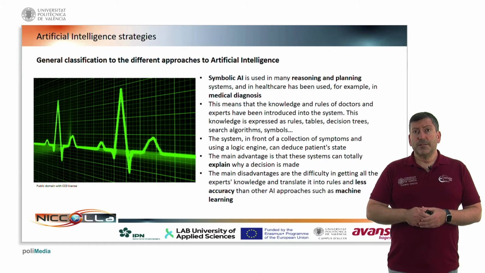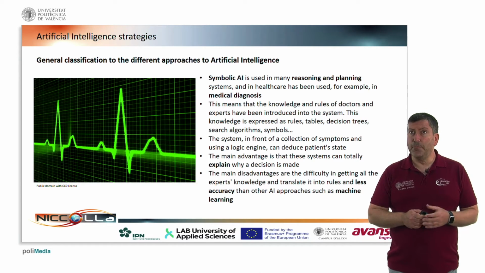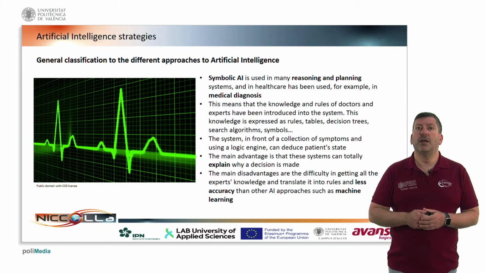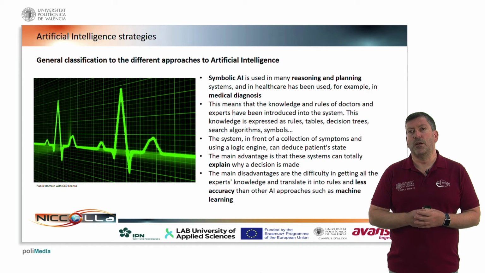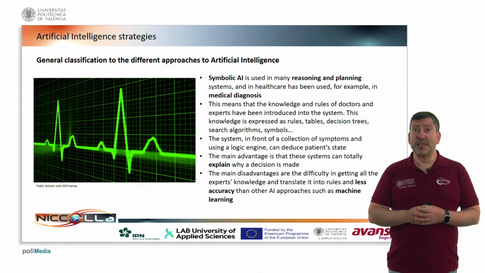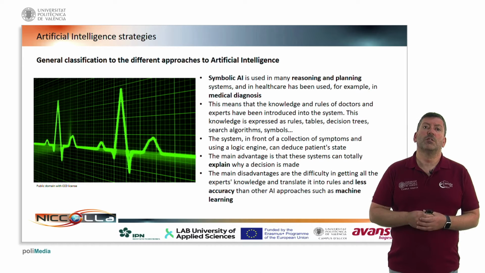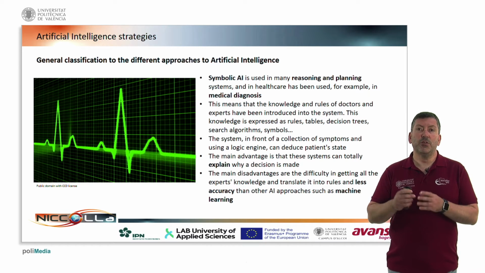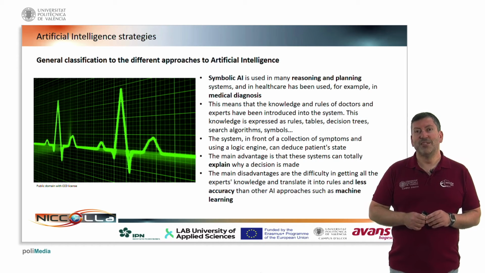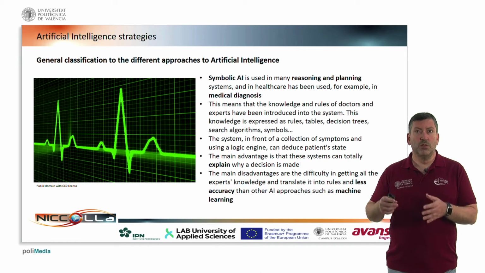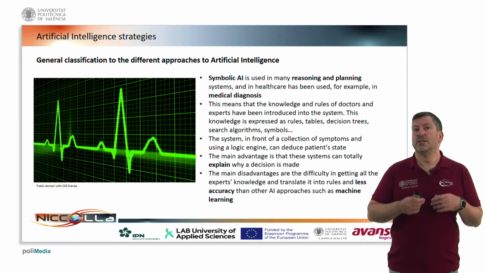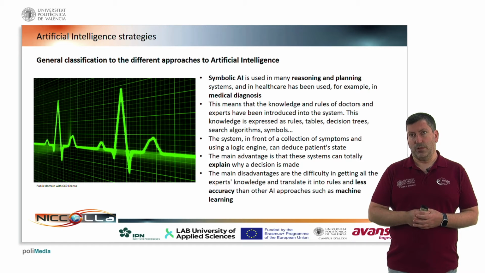So, symbolic AI is used in many reasoning and planning systems, and it has been used in healthcare and social sectors as well, for example, in medical diagnosis or resource planning and management. This means that the knowledge and rules of doctors and experts have been introduced into the system. This knowledge is expressed as rules, tables, decision trees, search algorithms, symbols, and so on.